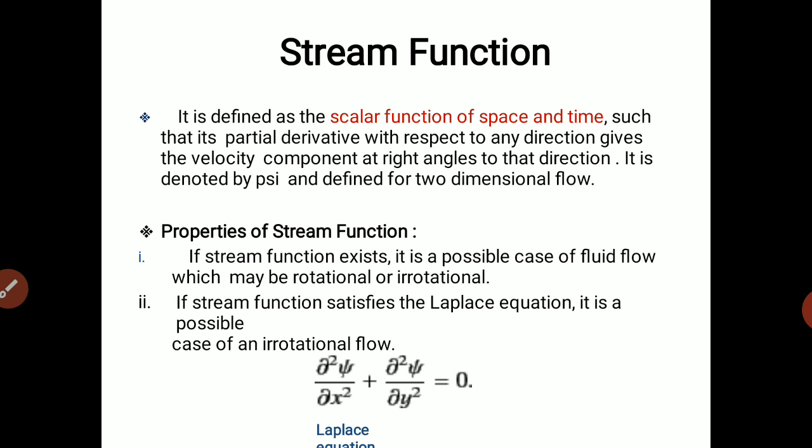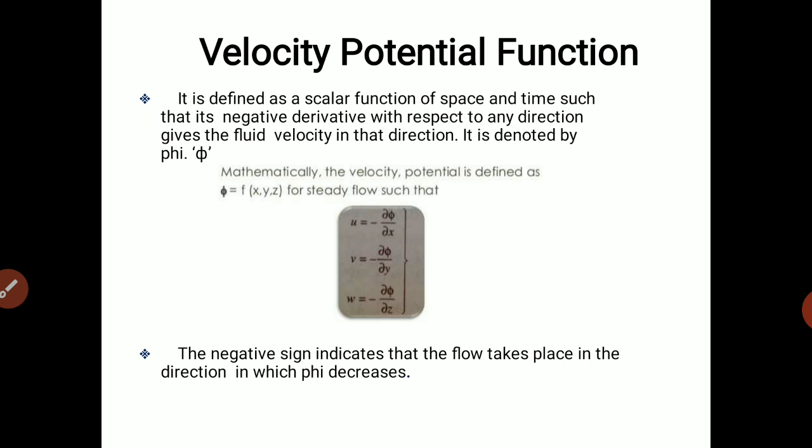And the velocity potential function is a scalar function of space and time such that the negative derivative with respect to any direction gives the fluid velocity in that direction, and it is denoted by phi.